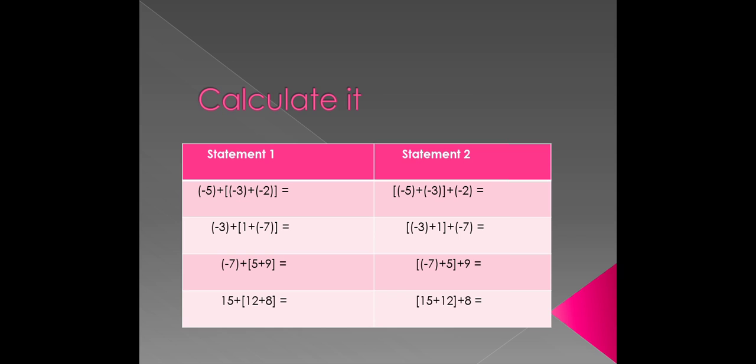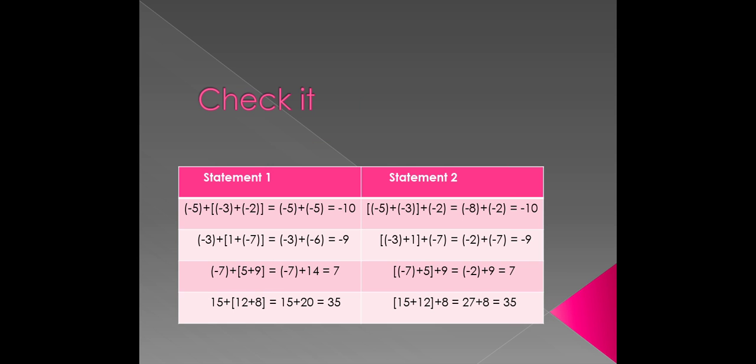Okay students, let's check it. Students are also asked to calculate this and then check your answers. Okay students, check your answers now. So in the statements, if you see, in both the statements we got the same result.